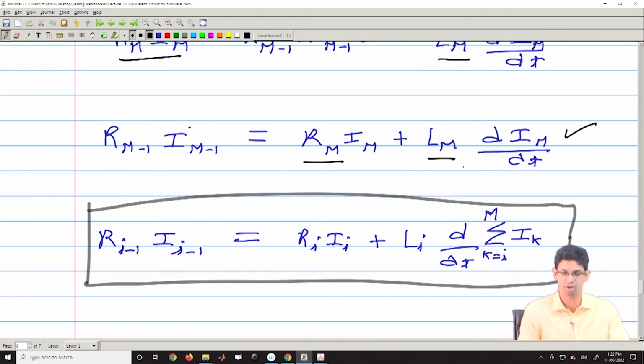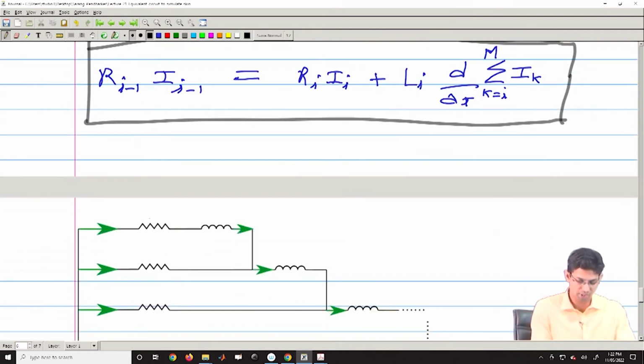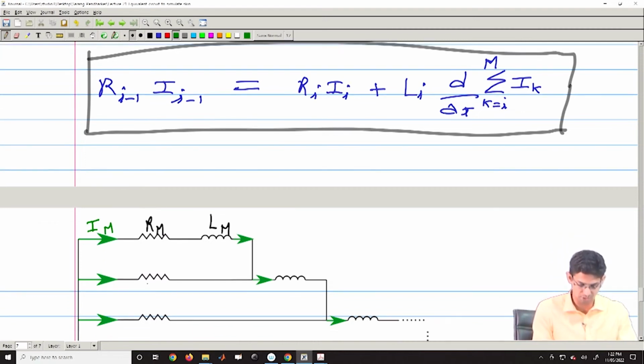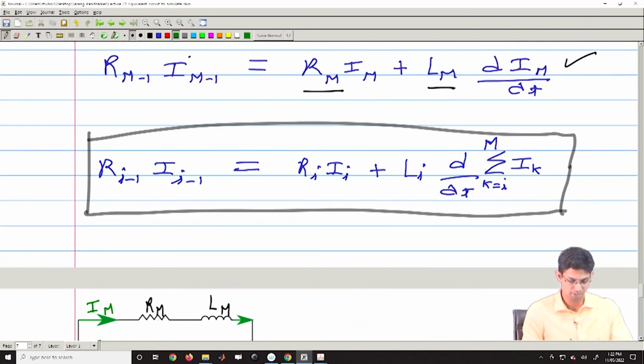The current is also not equal. So, if this is my R m and this is my L m, and the current flowing through this is I m, the current flowing through the adjacent segment is I m minus 1.